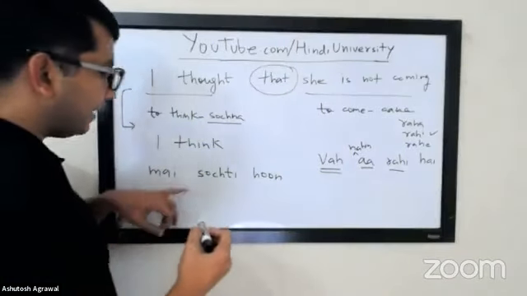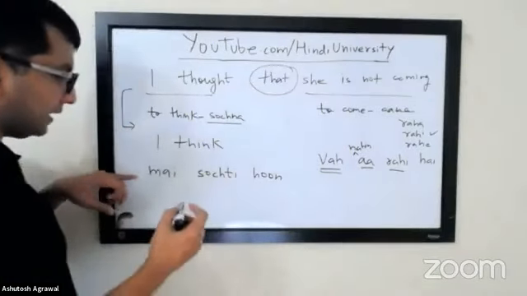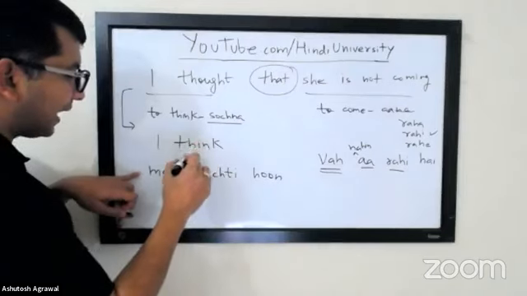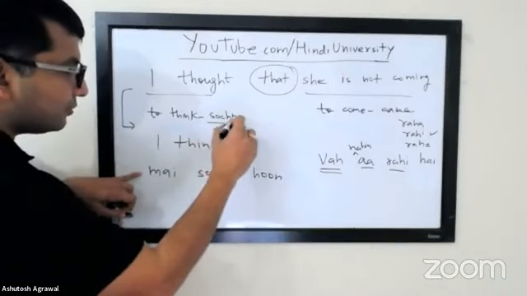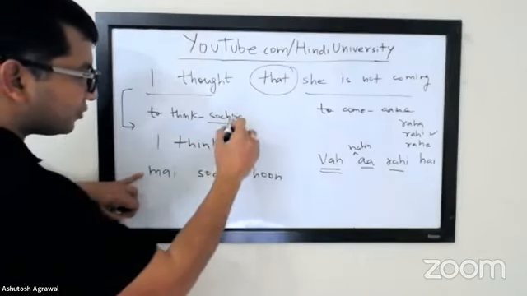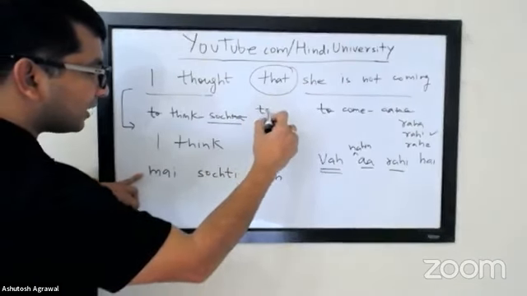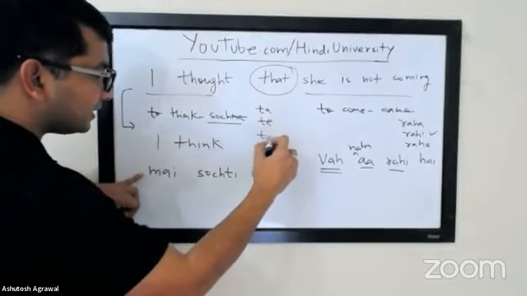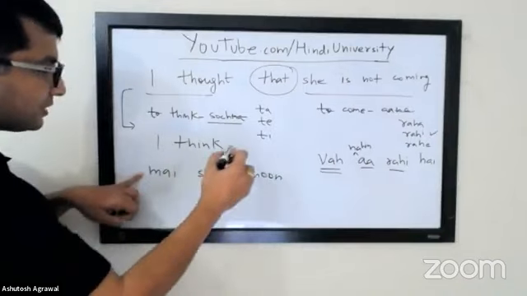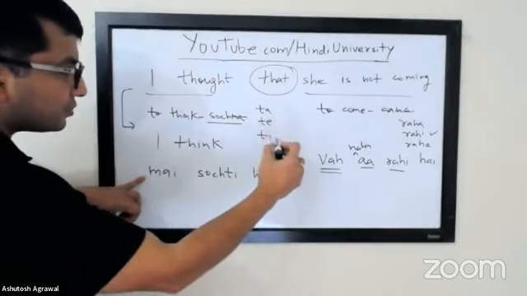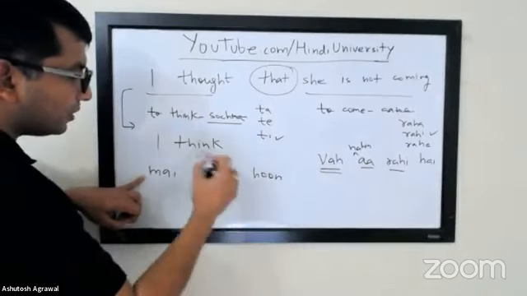Okay, now this one is a little bit tricky. When you want to say I think, you remove the na from the present indefinite and you put ta, te or ti. And because it's a female, it's मैं सोचती हूँ.